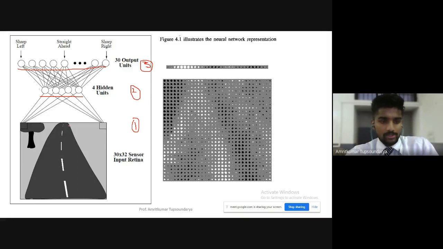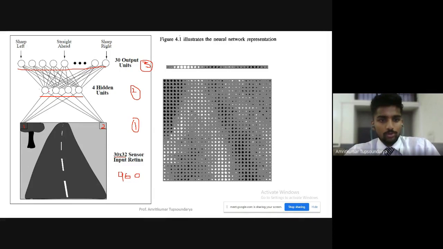But here in the ALVINN system, as you can see, there is an input sensor with 30 by 32 pixels. That makes around 960 pixels, and the image was given as the input to the system. Each pixel, let's say this is pixel 1 and pixel 2, was given as input to the next units, which are the hidden layer.